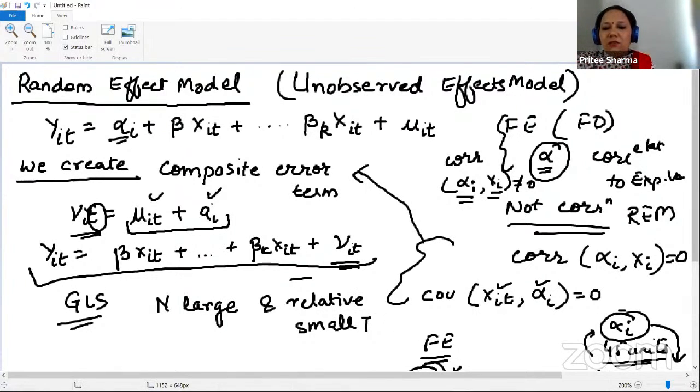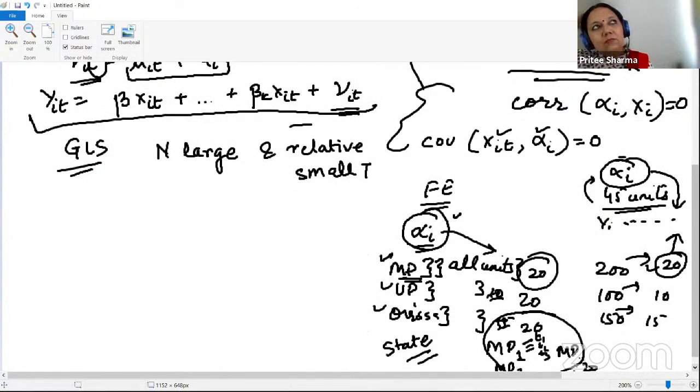Maybe you have not done this because panel has not been discussed earlier. So there are two definitions in basic econometrics understanding. One is called long panel and the other is called short panel.